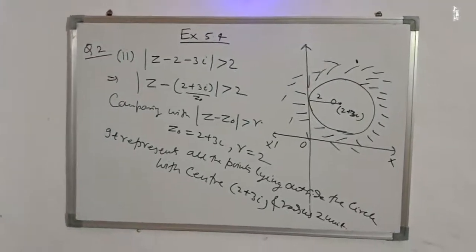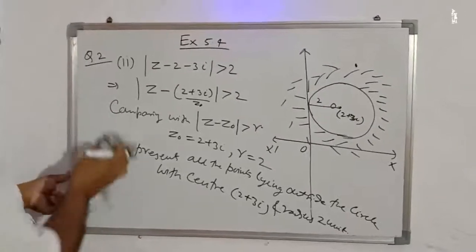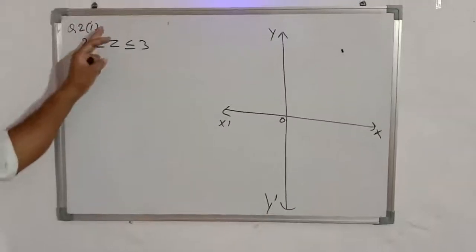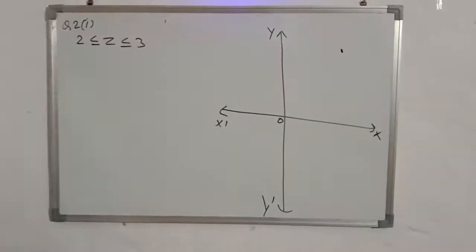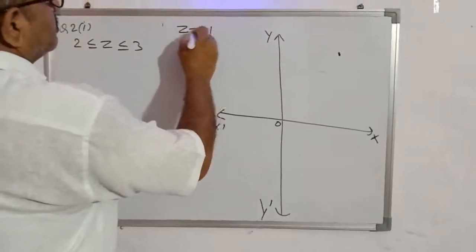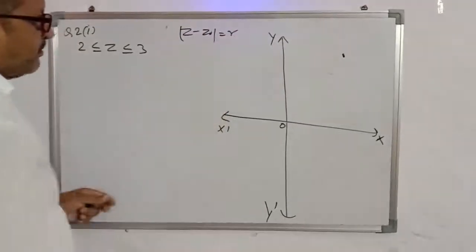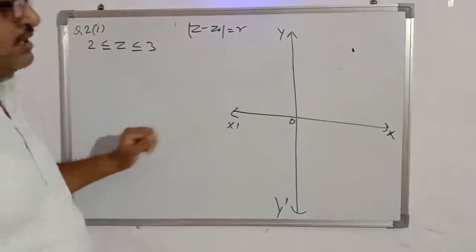Now we will see question number 2, first part. It is 2 less or equal to |z| less or equal to 3. We know that |z − z0| equal to r represents a circle with center z0 and radius r.